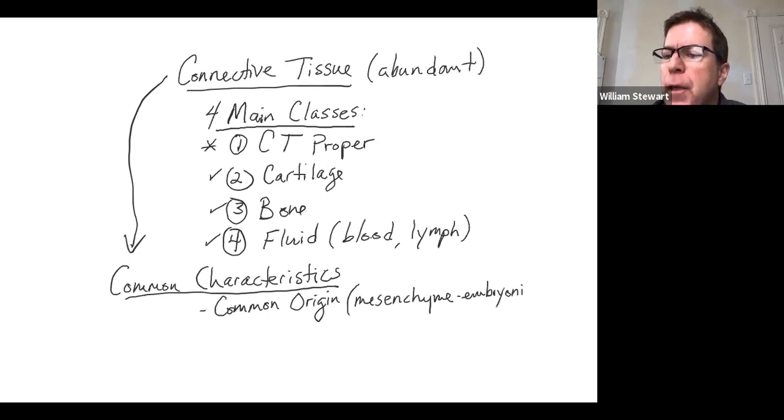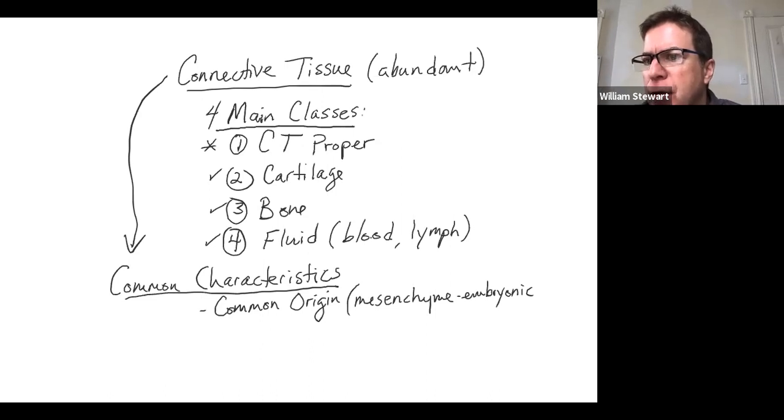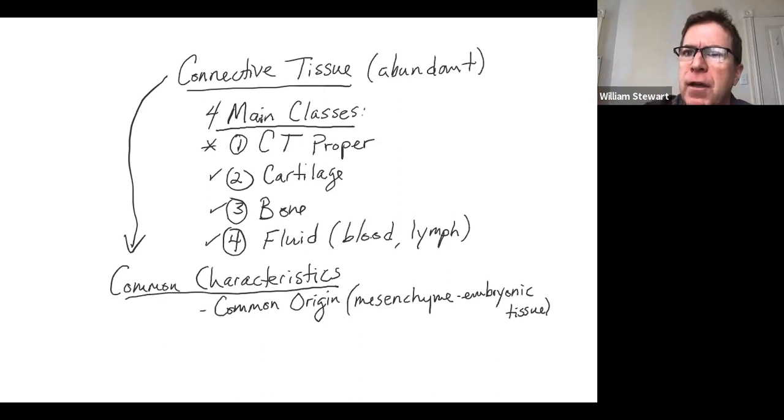When we are developing in utero from a zygote to an embryo and further on, very early on in life stages, we basically have very few common root tissues. All connective tissues are derived from mesenchyme, which is the embryonic tissue that gives rise to all of these, believe it or not.